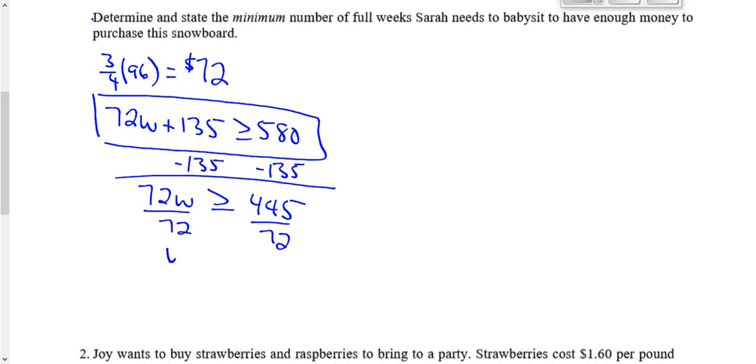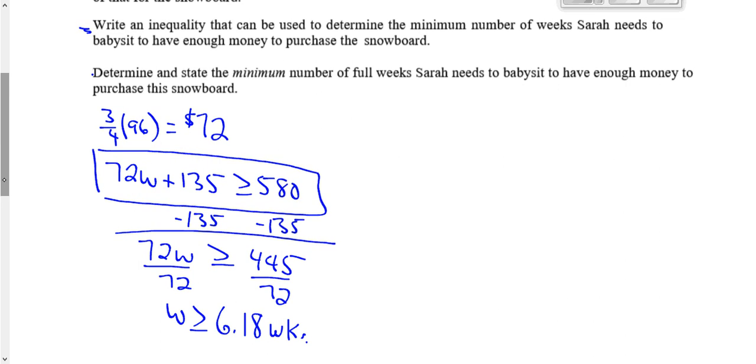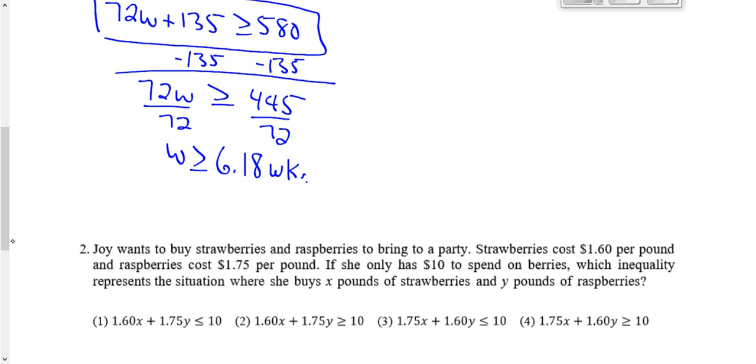And we get W is greater than or equal to 6.18 weeks. Is that how long it's going to take her? Now, read the question carefully. What do they want us to determine? Number of full weeks. So we need 7 weeks.